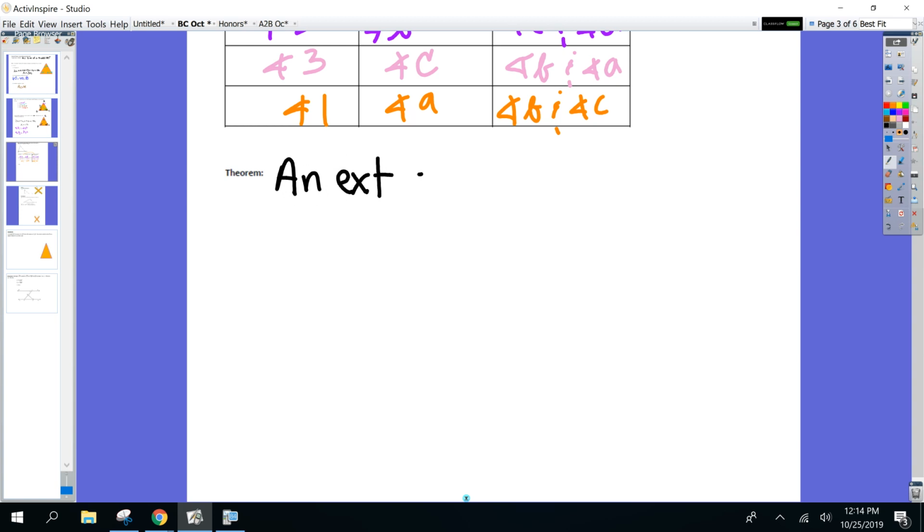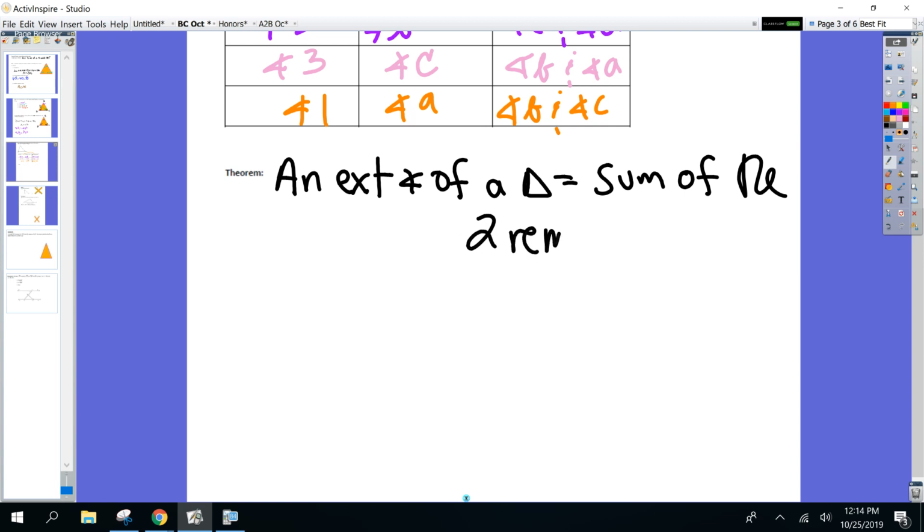So an exterior angle of a triangle is equal to the sum of the two remote interior angles.